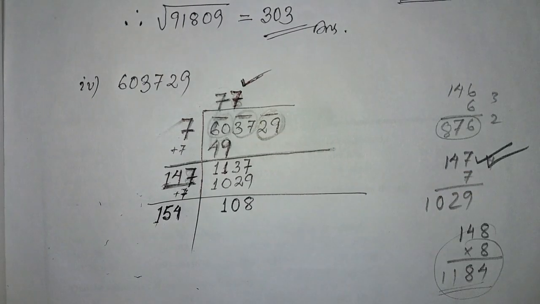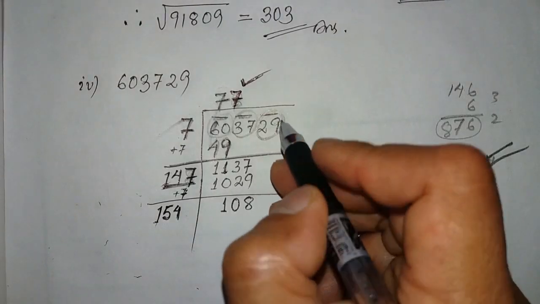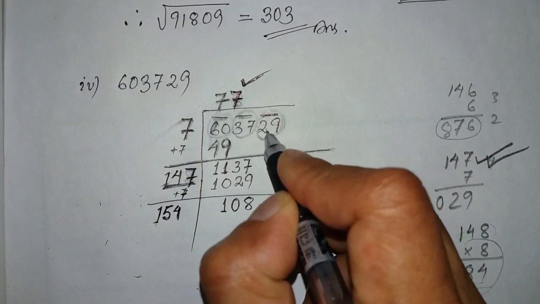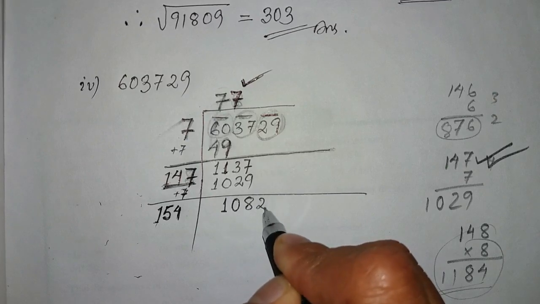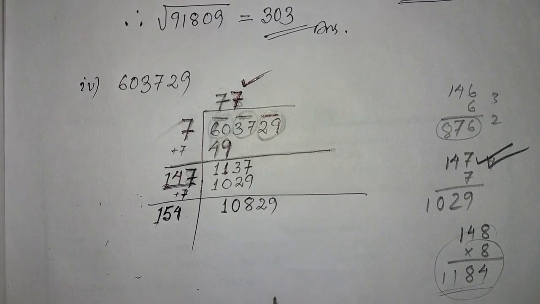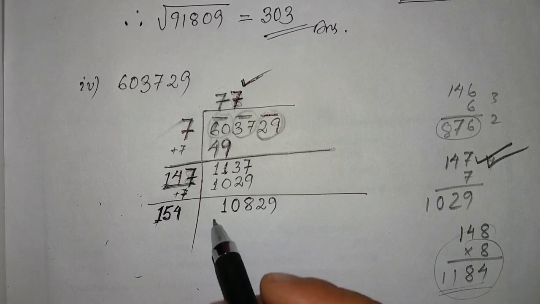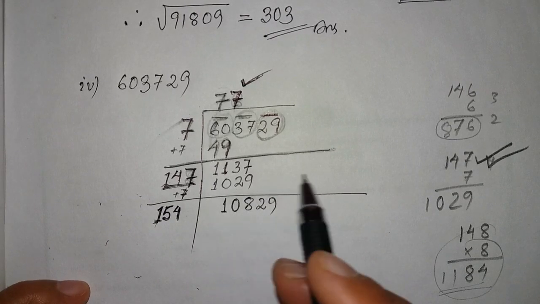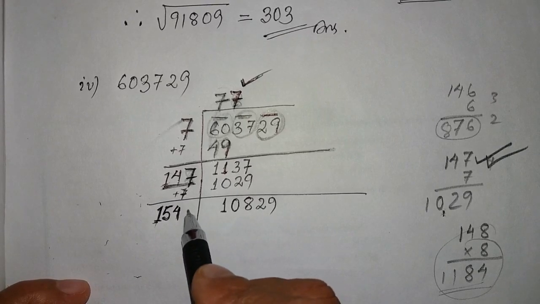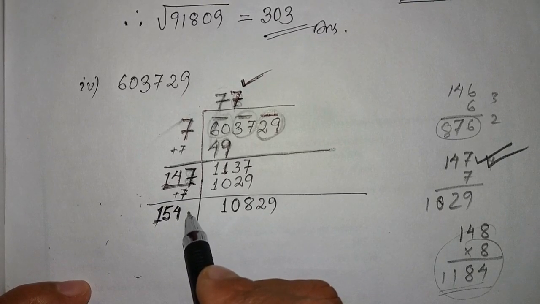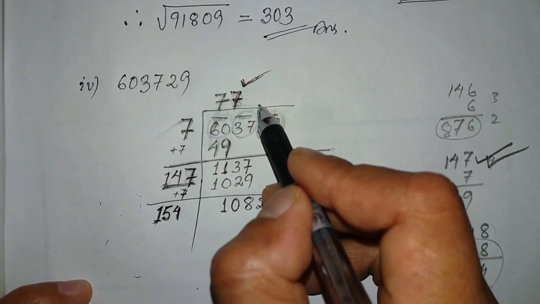The digits in the next pair are 29. So here we will write 29. Now again, like we did in the previous step, we will find out what number to write here. Remember, whatever you write here, you have to write here again.